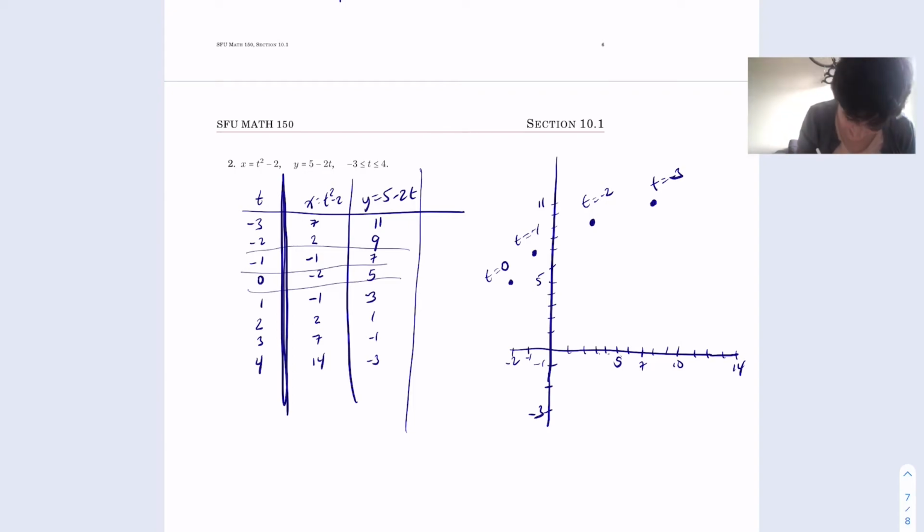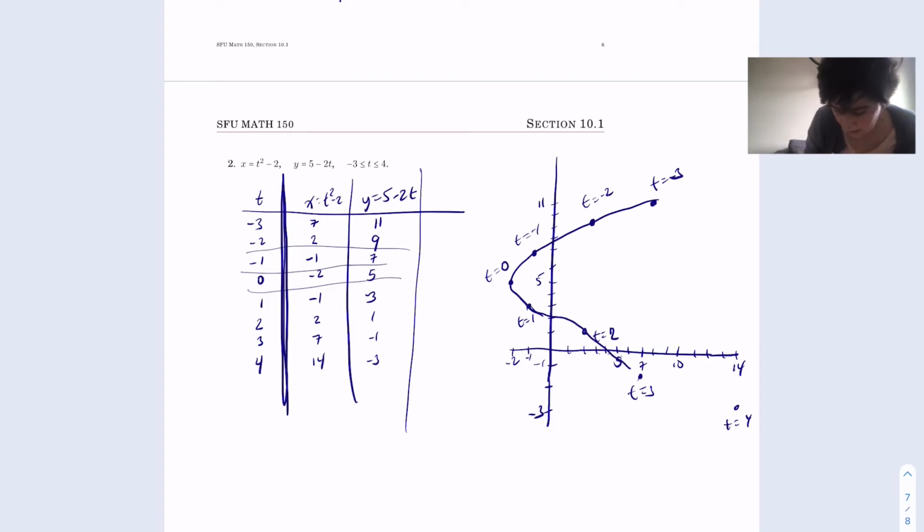T equals 2 gives the point 2, 1. T equals 3 gives 7, negative 1, and t equals 4 gives 14 and negative 3. My curve is supposed to look like a sideways parabola.